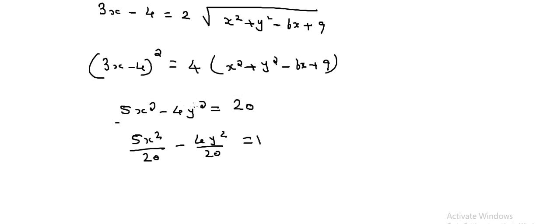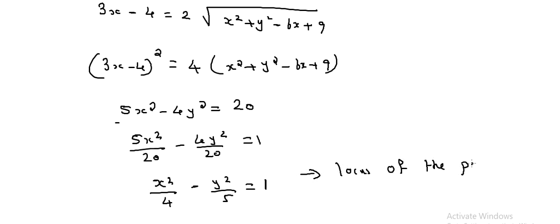Here there is only x square and y square term, so check whether the constant is a multiple of both the coefficient of x square and y square. If it is, then divide this constant throughout the equation. So it will be x square by 4 minus y square by 5 is equal to 1. So this is the locus of the point P.